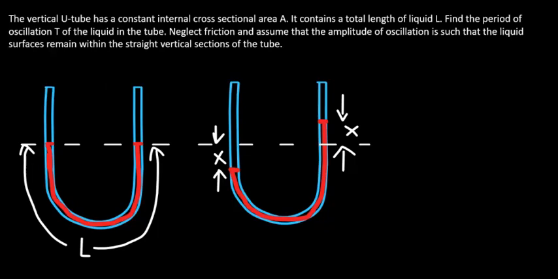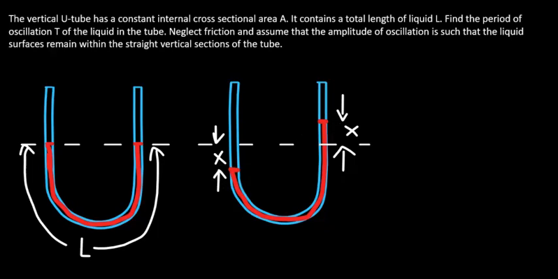Now let's assume you create a pressure difference between this section and that section of the tube in such a way that the level on the left-hand side section goes down and the level of the liquid on the right-hand section goes up.